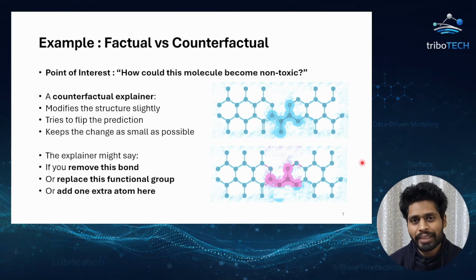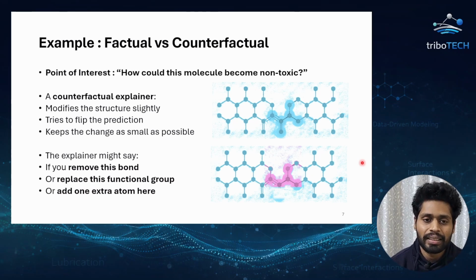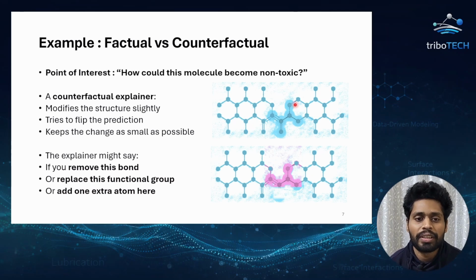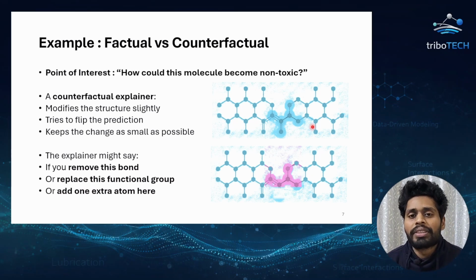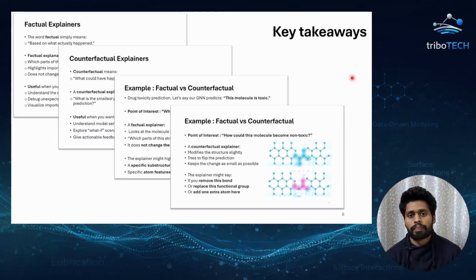So the explainer might answer in this case that you should remove this bond, or you should replace this functional group, or maybe you add an extra atom here or there. So things like that, right? So this is the difference between factual explainers and counterfactual explainers.